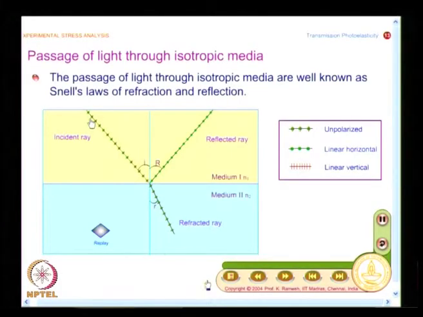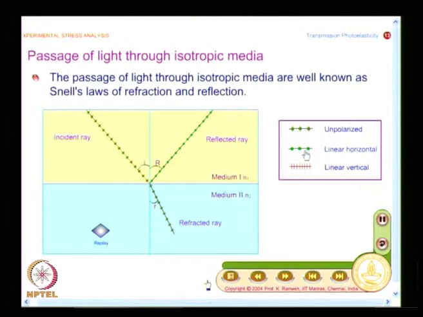So, when I take an isotropic media, I have an incident ray and I have medium 1 shown by one color, medium 2 shown by another color. So, the light gets refracted, also gets reflected, and what you have to note here is the representation of unpolarized light, that is nothing but natural light, is shown with a dot and a straight line.